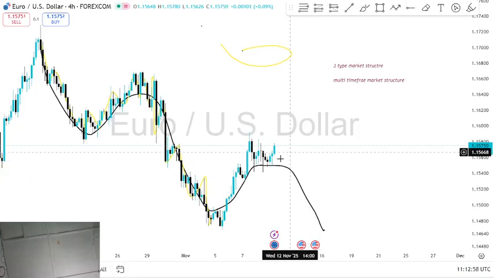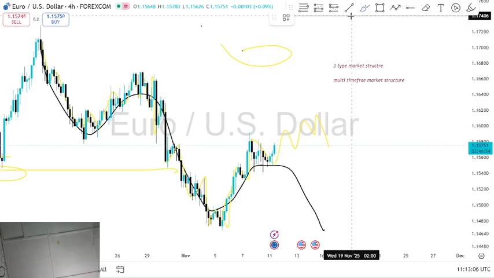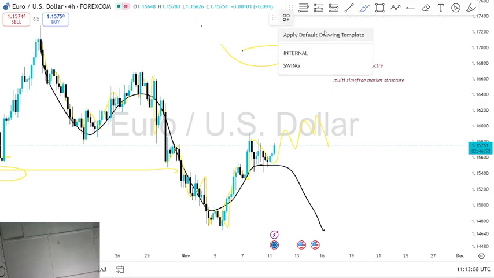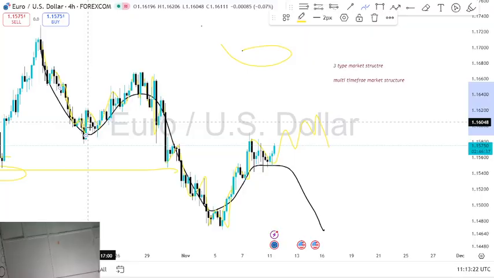So we have two colors here, which means we have two structures. Let's look at within the structures. We have this little pullback and price continues. This little pullback, price continues.